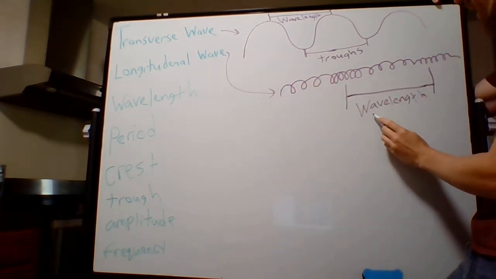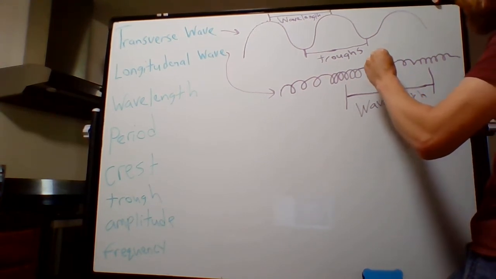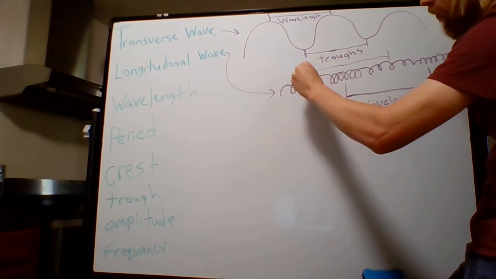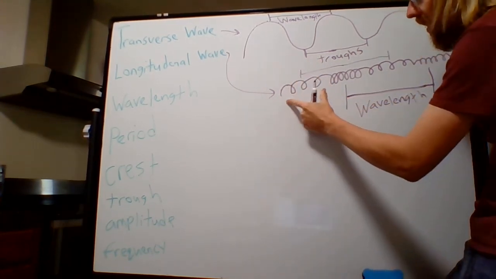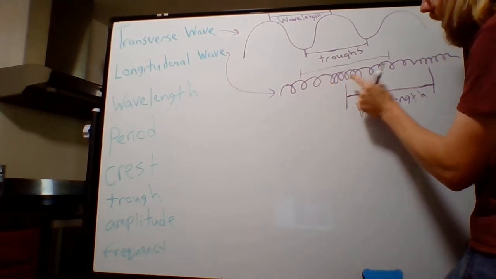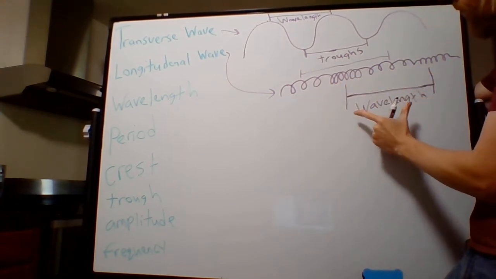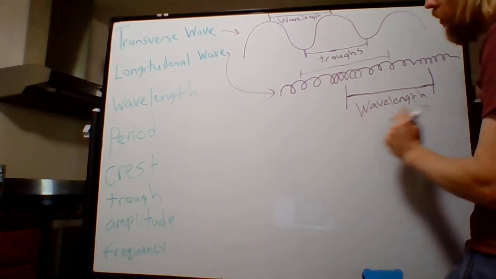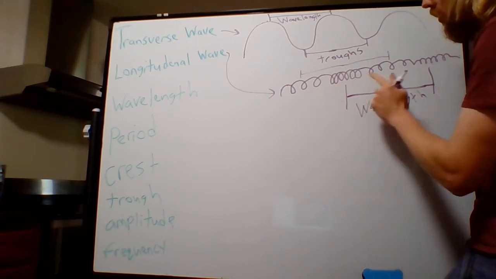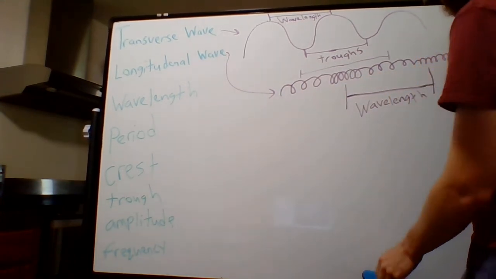So it can be the distance between the two compressions, or the distance between the two expansions, which are also called rarefactions. You won't have to know that word for the test. Just know that there are expansions and contractions to a longitudinal wave, and that the wavelength is either the distance from one compression to the other compression, or the distance between one expansion to the other expansion. Okay, that's the wavelength.